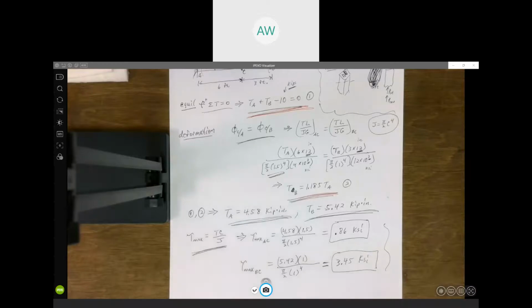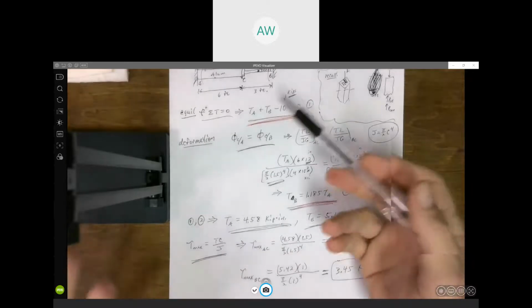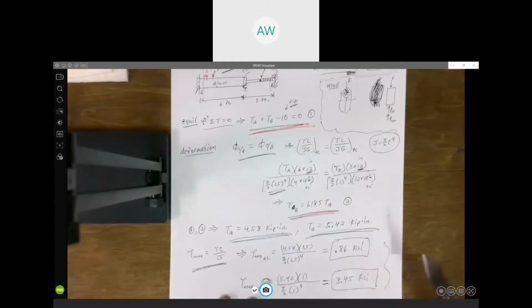Any questions about this one? Again, you're going to follow very similar steps for all of these statically indeterminate problems. They're all going to be similar to this. It's where you've got the thing constrained at both ends, and you've got different materials, different sizes.